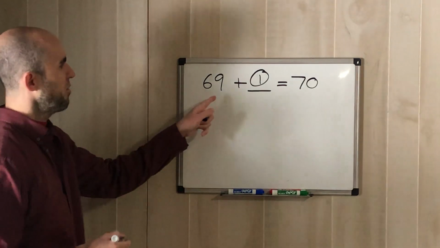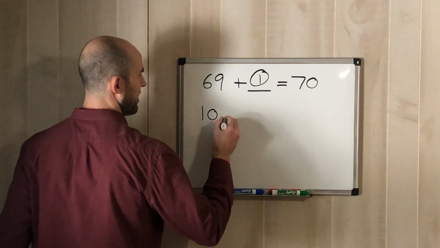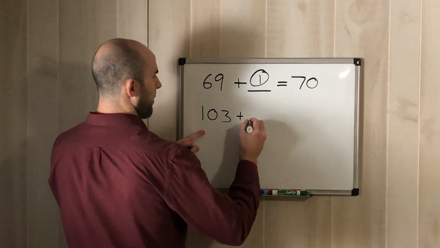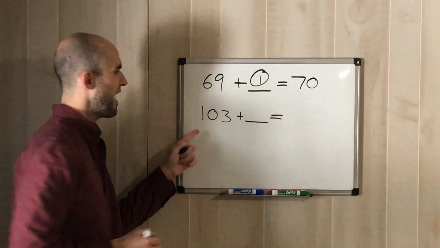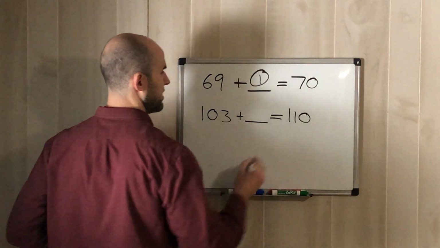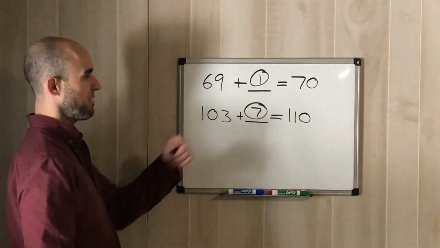Our check digit would be 1 because 69 plus 1 is 70. Let's say that I had 103, right? 103 plus what number gives us, after 103 comes 110, right? 103 plus 7 gives us 110. That would be our check digit.